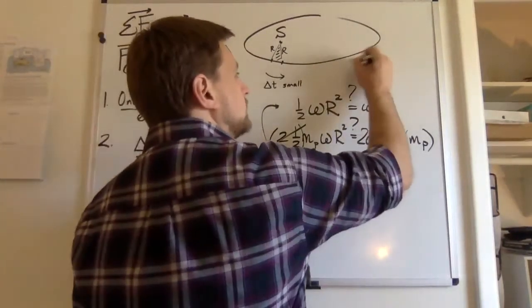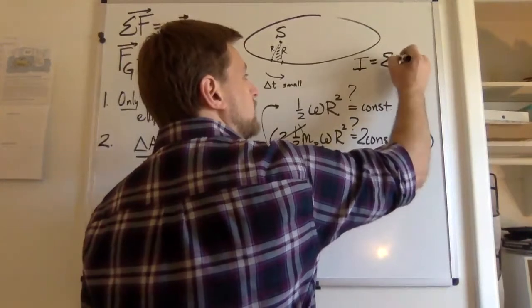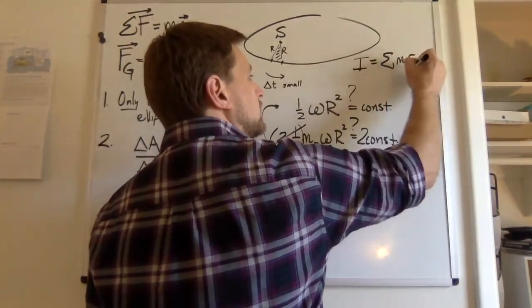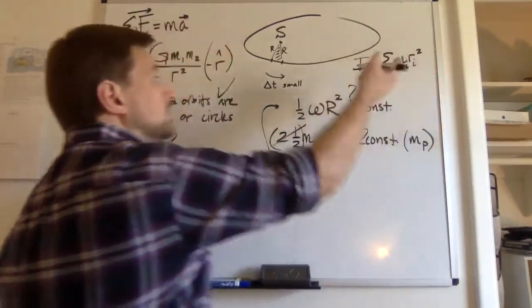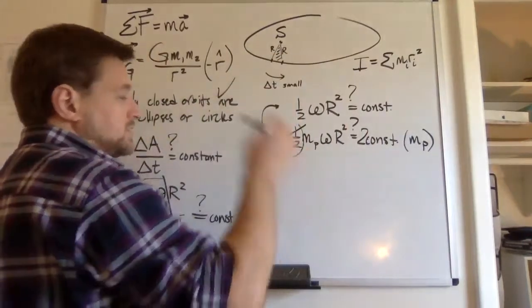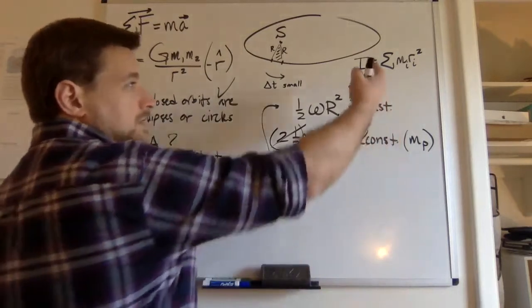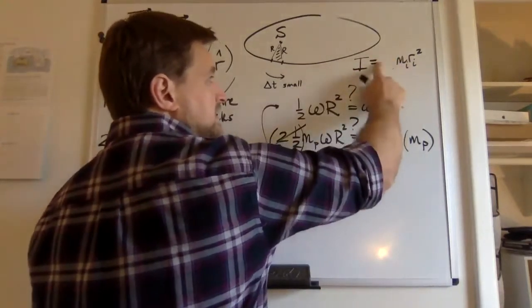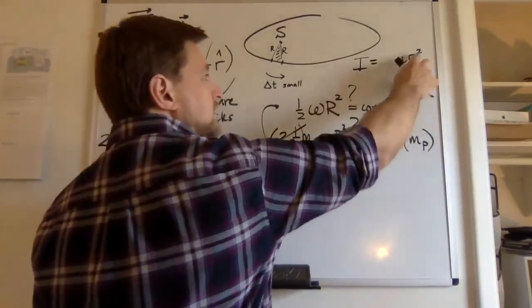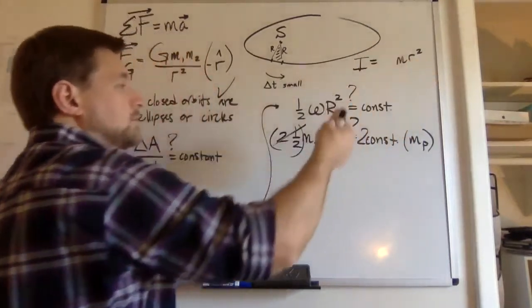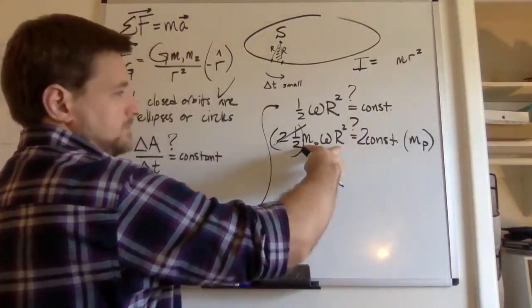The moment of inertia is add up all of the mass times r squared, and there is only one mass in motion. It's just one planet. So we don't need the summation because there's only one thing, and the moment of inertia is just m r squared, which is this thing we just wrote.